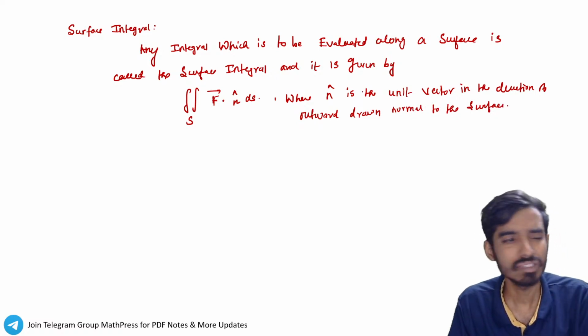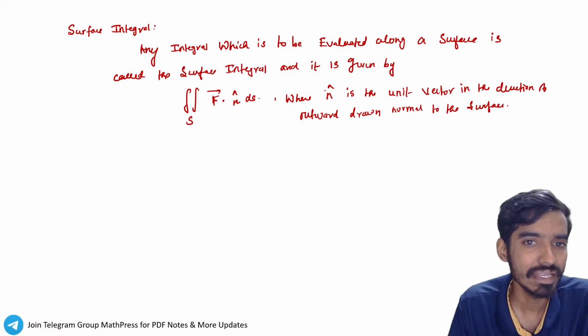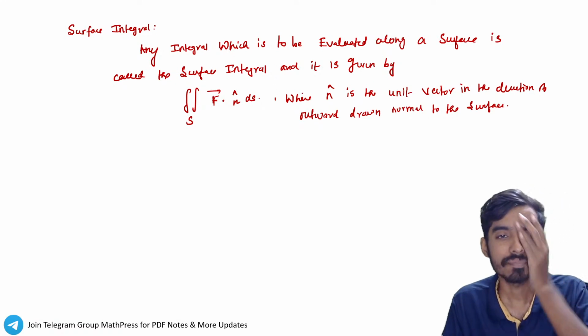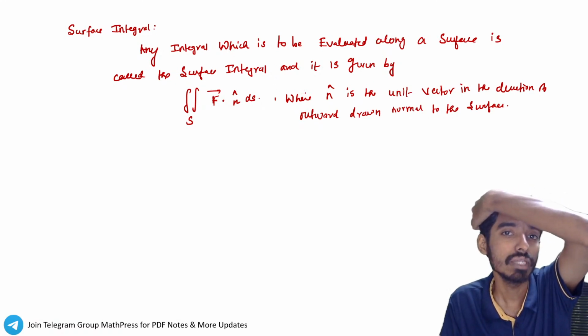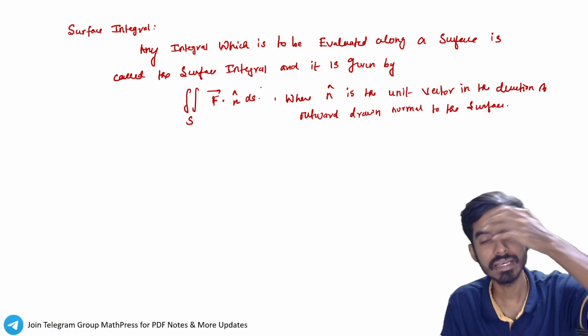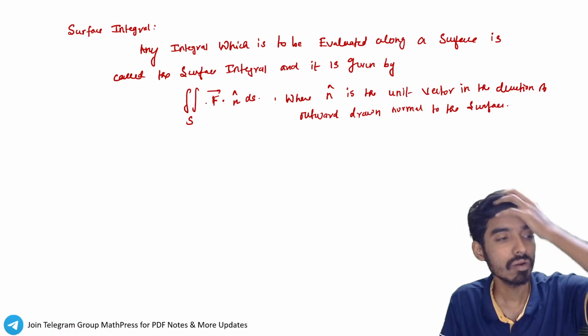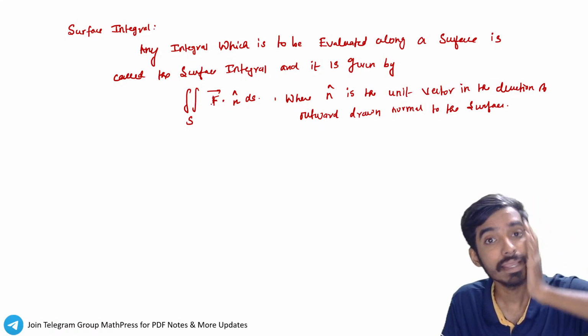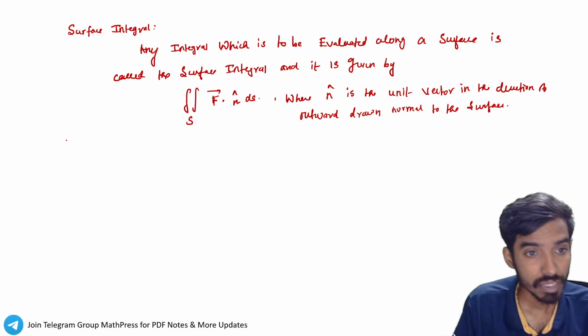Don't worry about this, I'll let you know how to do the problem very easily. So any integral which is to be evaluated along the surface is called surface integral, and it is given by the double integral over S of F vector dot n cap dS.